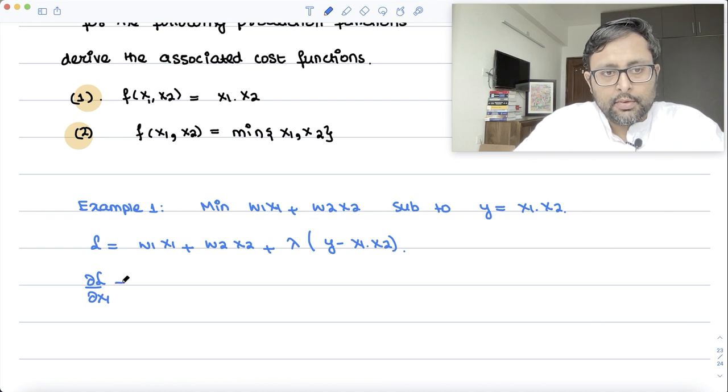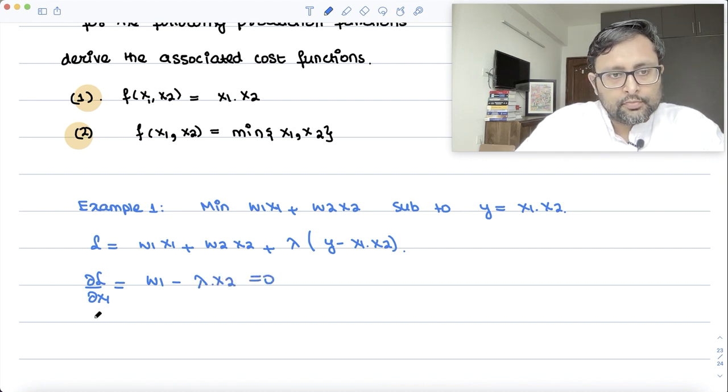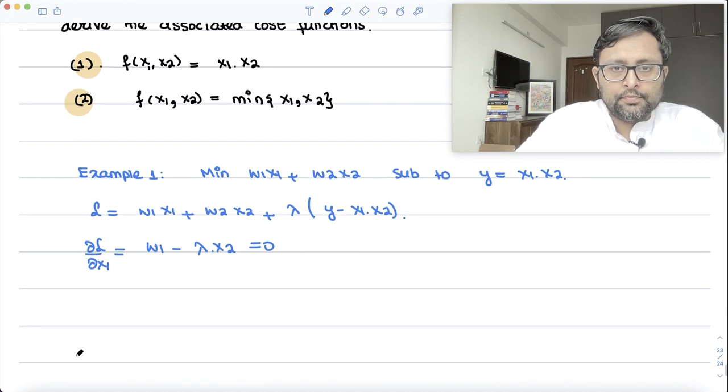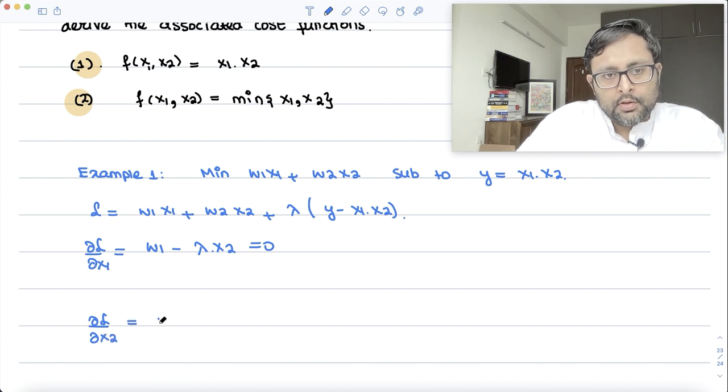So del L by del x1 is what? W1 minus lambda x2 equals 0. Del L by del x2 is W2 minus lambda x1 equals 0.